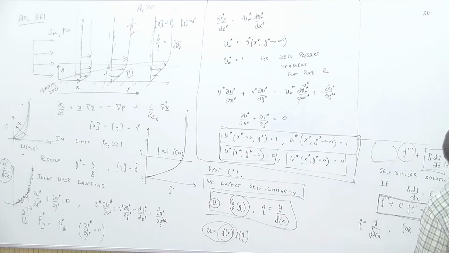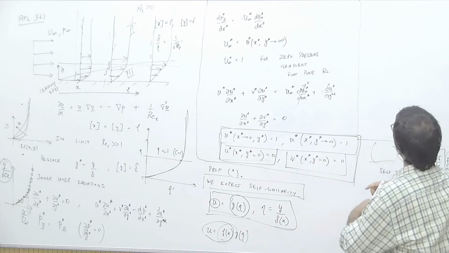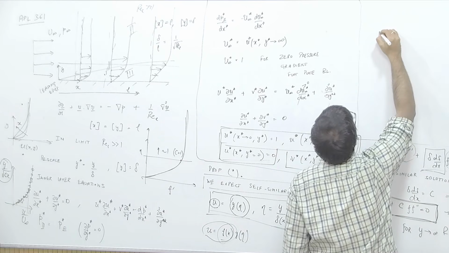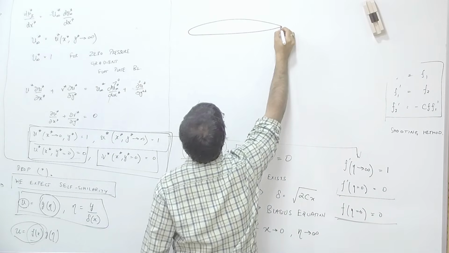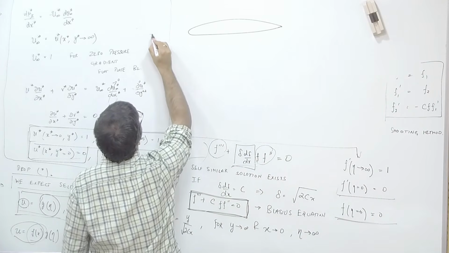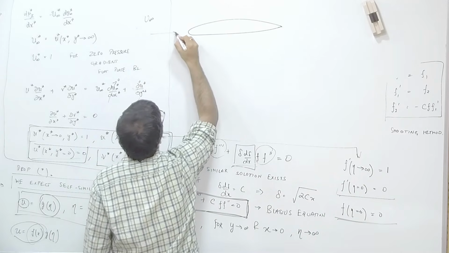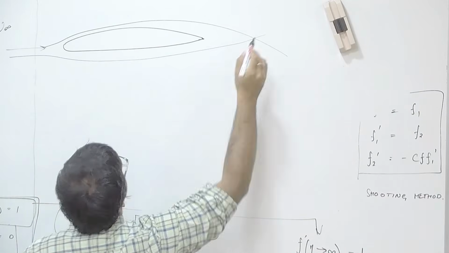Okay, but whenever we look at flow past any bodies, let us say you are looking at flow past some airfoil. Now, if you look at this, you have a flow coming and hitting the airfoil, and then these flow streamlines are going to go something like this, let us say.